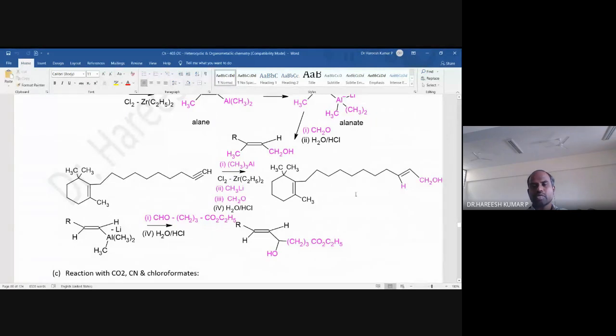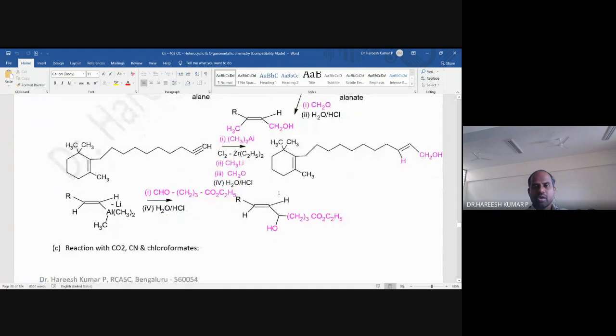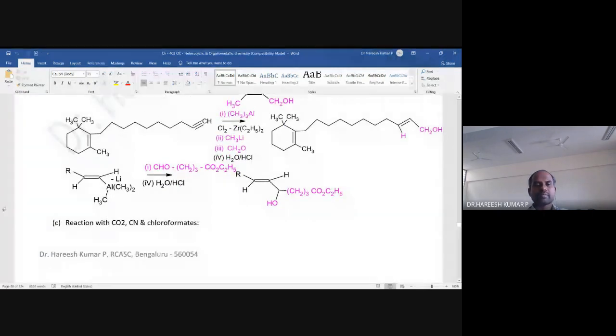So what you can observe is that the stereochemistry is retained. Here is the triple bond, and this is the double bond. Stereochemistry is retained. Now one more example of this kind. Look here, what is this?